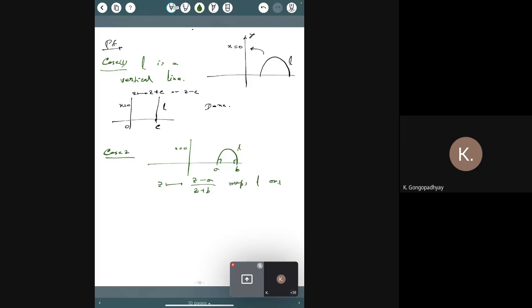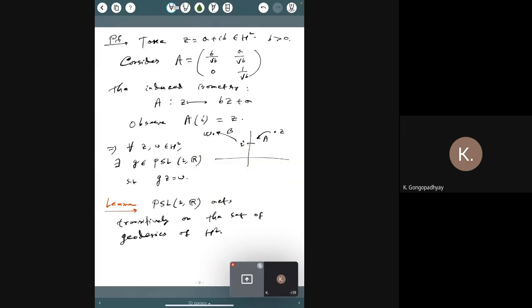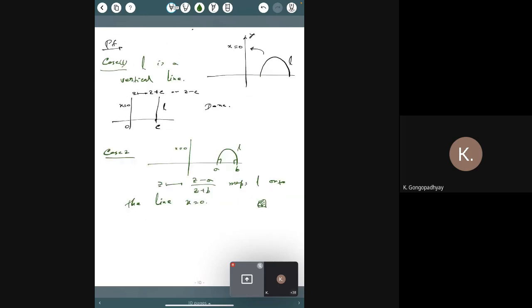This maps L onto the line x equal to 0. So this completes the proof. Now you see this statement is strong. It says that PSL2R acts transitively on the set of geodesics of H2. In the hyperbolic plane, the endpoints of a geodesic determine a geodesic.